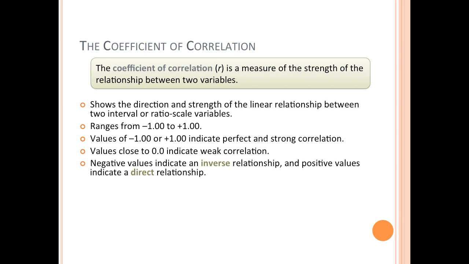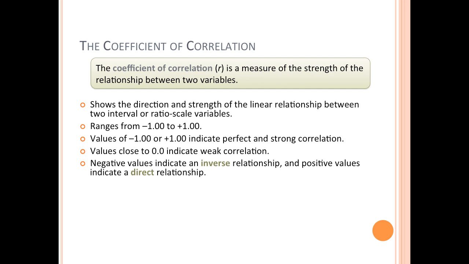So the correlation coefficient measures the strength of the relationship between the two variables. It shows the direction and the strength of the linear relationship. And like I said earlier, both your variables have to be measured at interval or ratio level scales. It only ranges from -1 to +1.